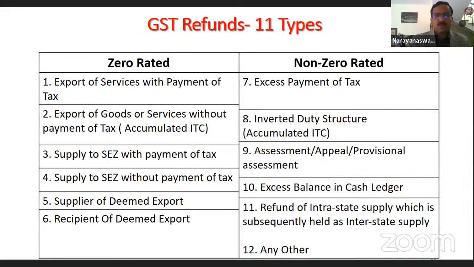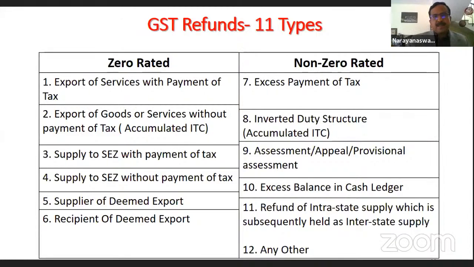For example, you make solar panels and pay only 5% tax, whereas you could have acquired a lot of material for that, paying 18% and 28% tax. As a result, you will accumulate input tax credit. However, you use it on the final product. So there is a formula to calculate it and return that money to you.